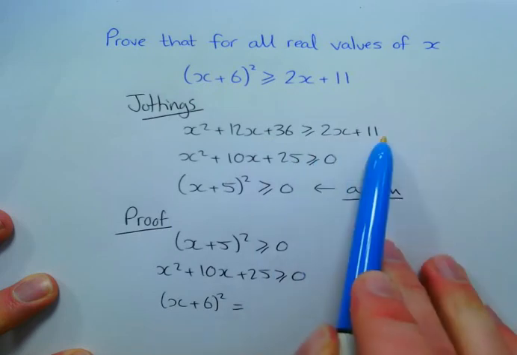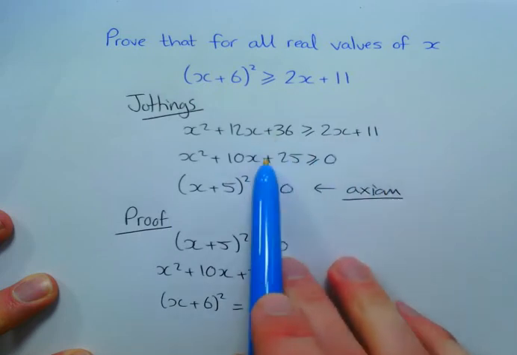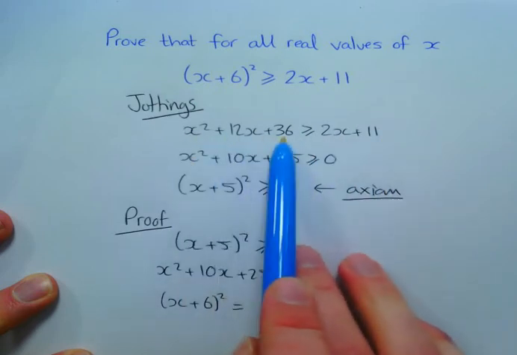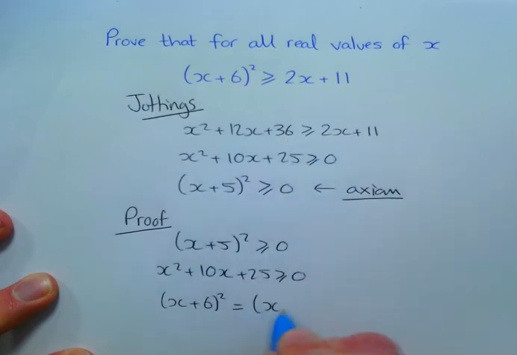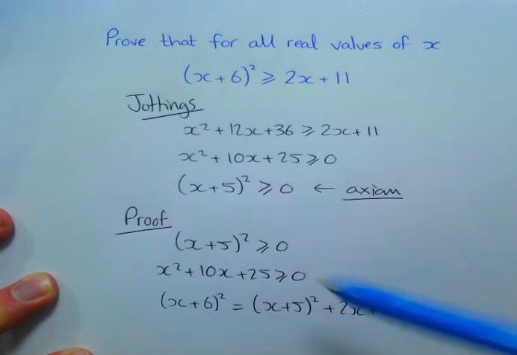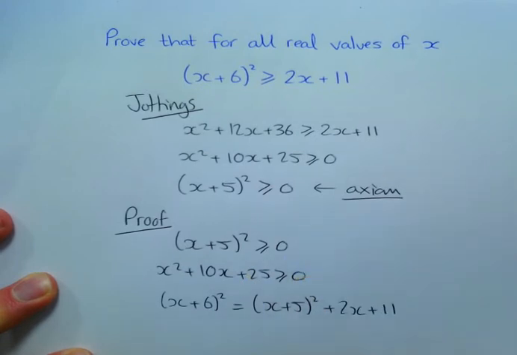Okay, so this is the connection we're trying to make. So we can see that this is equal to that plus that. So I can say x plus 5 all squared plus 2x plus 11. So I can do that from my axiom at the start here.